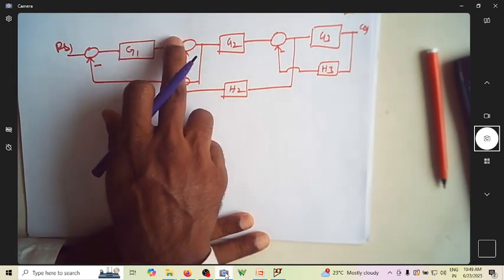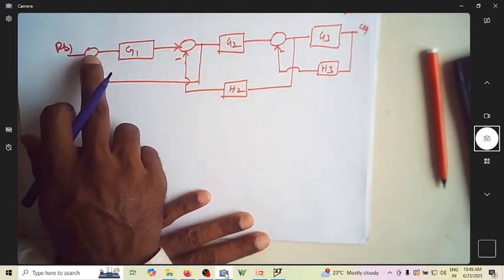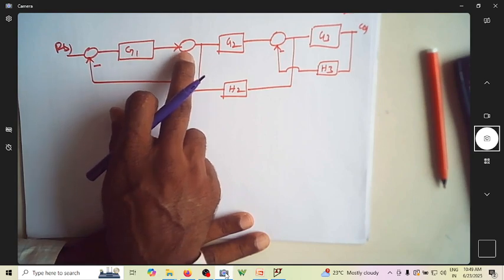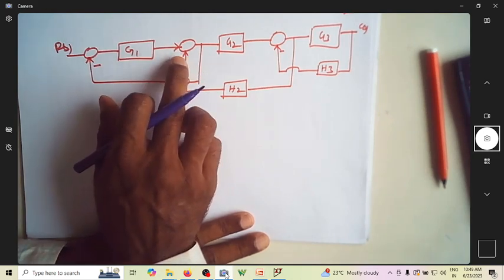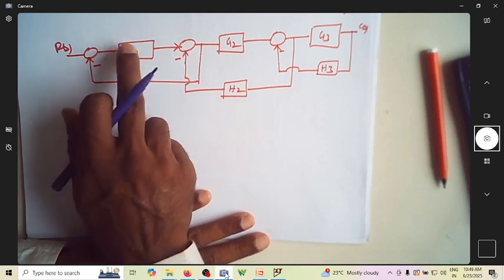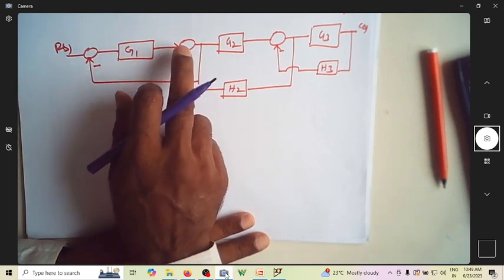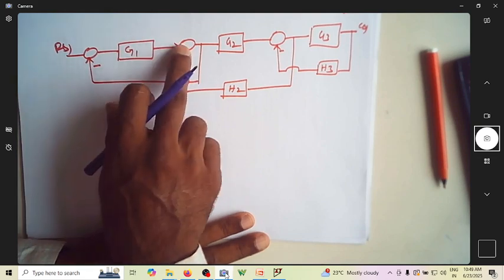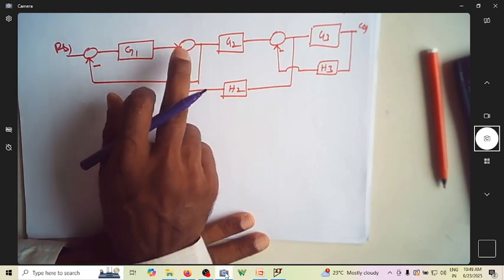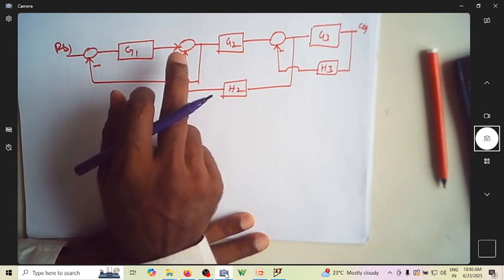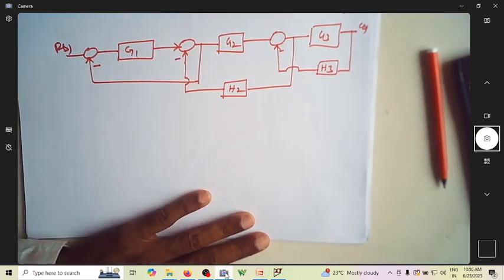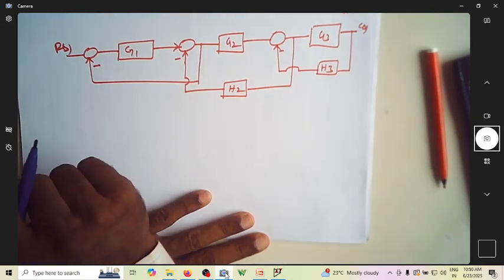Just see here, this is one feedback. But in this feedback, you have this also. So you have to eliminate this in this feedback. Elimination of this from this position is a complex quantity, so you should know certain rules of block reduction.